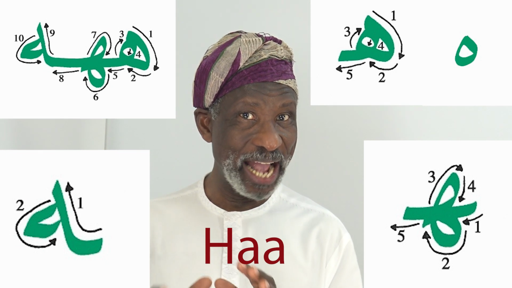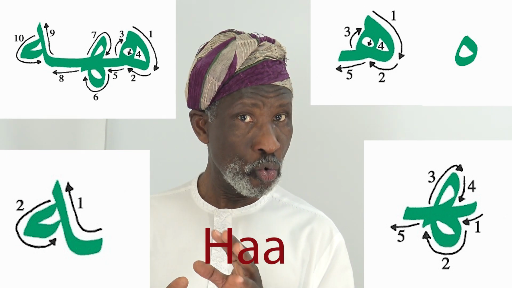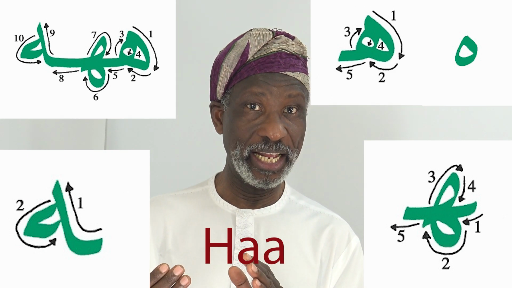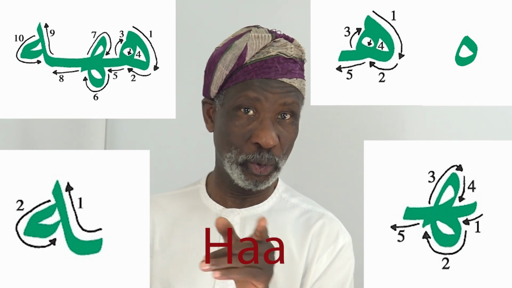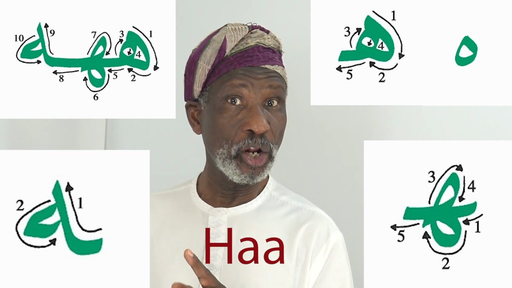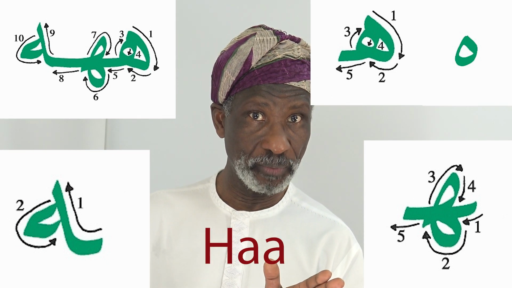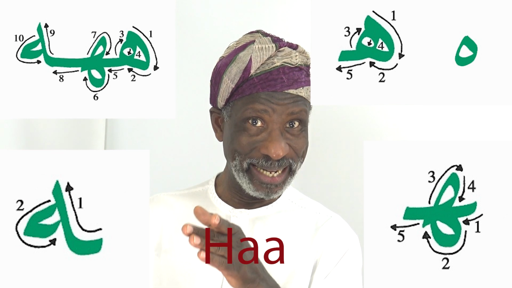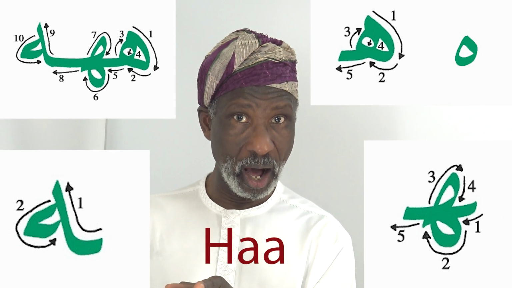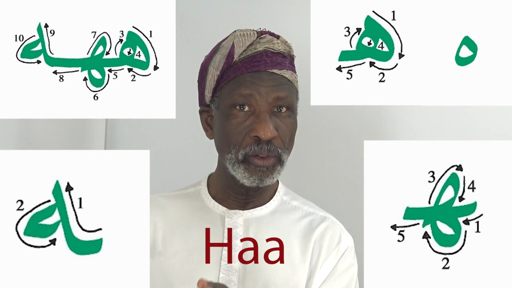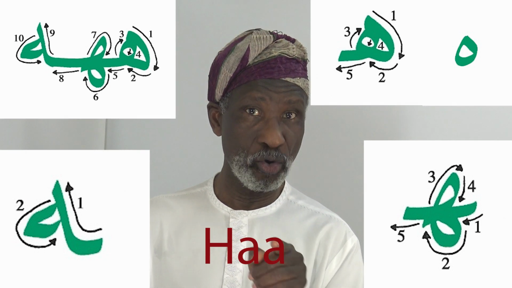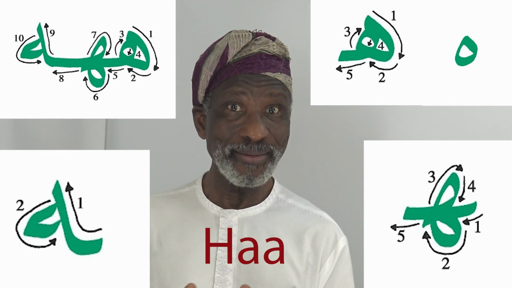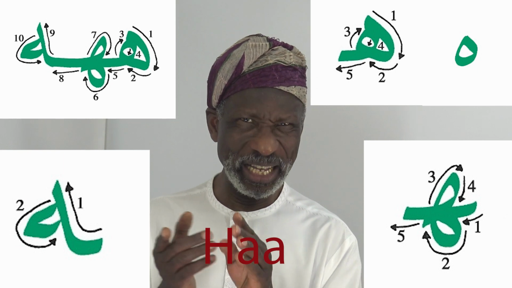When it is isolated, it's written in 2 ways, depending on whether the letter before it can be extended forward to the left or not. If it cannot be extended, we know those letters, 6 of them: alif, dal, dhal, ra, za, and waw. Then your ha will be written like an O. Other than that, it will be written in a joint form.